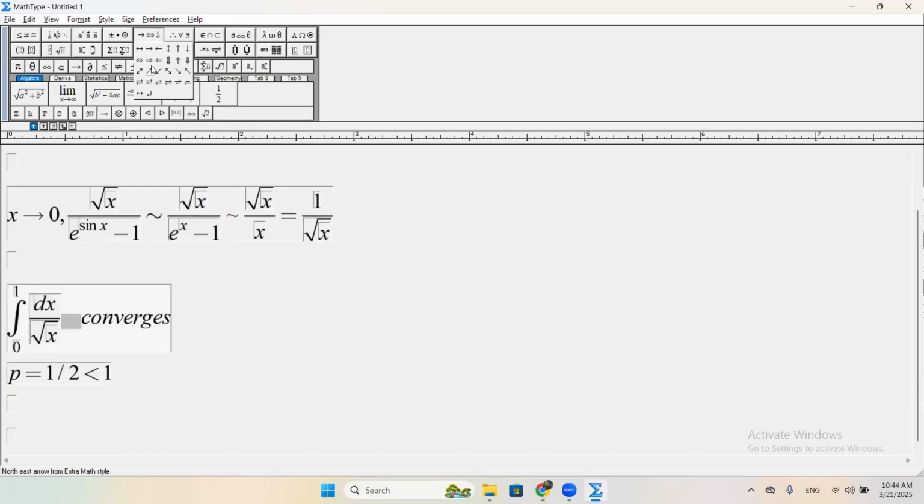Then the initial integral I converges as well. Any questions about this exercise?